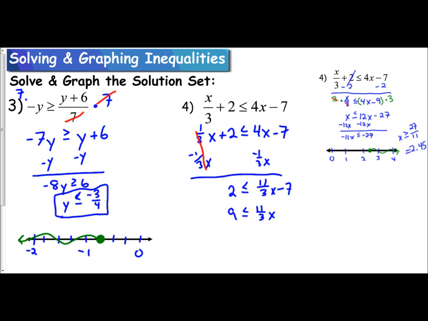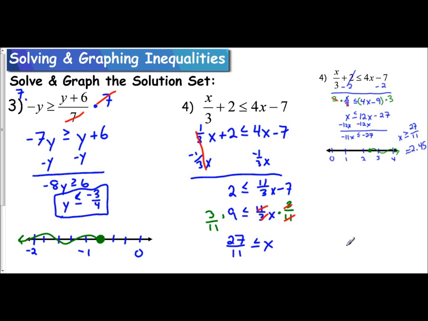Now I'm going to multiply both sides by the reciprocal of the fraction coefficient, 3/11. That allows me to cancel out the 3 in the bottom and the 11 in the top. So I have 3 times 9, which is 27, over 11 is less than or equal to x.